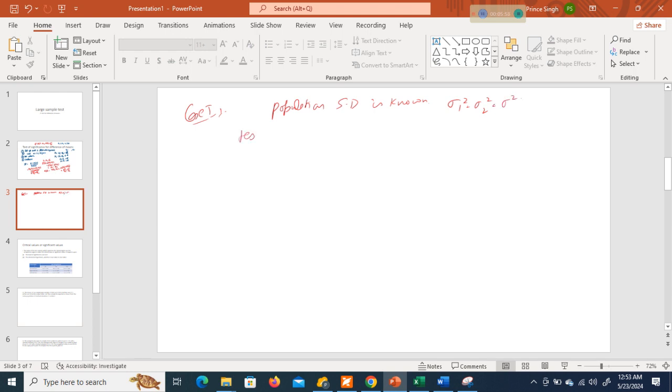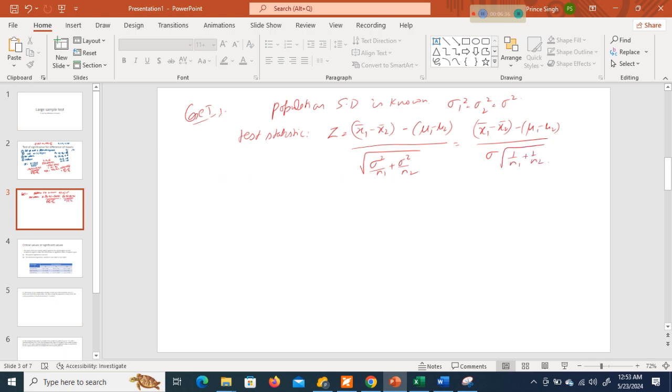Then our test statistic will be z is equal to x1 bar minus x2 bar minus mu1 minus mu2, upon the square root of sigma square upon n1 plus sigma square upon n2. Because both sigmas are the same, it can be taken outside, so the value will be x1 bar minus x2 bar minus mu1 minus mu2, upon sigma times the square root of 1 upon n1 plus 1 upon n2. So this is the case if the population standard deviation is known.